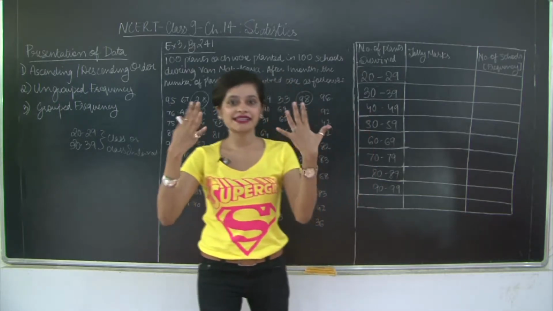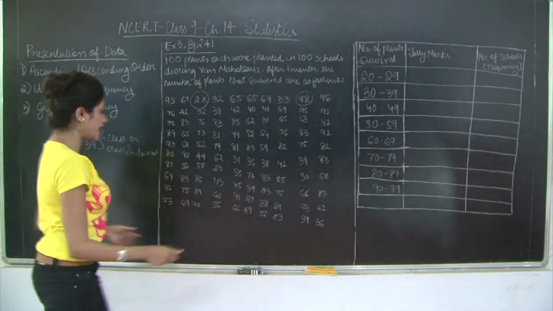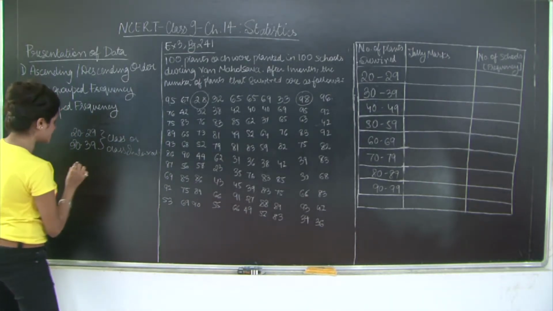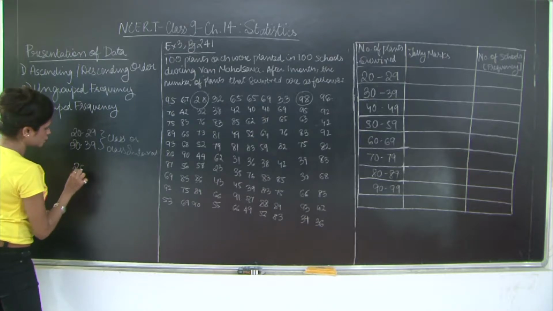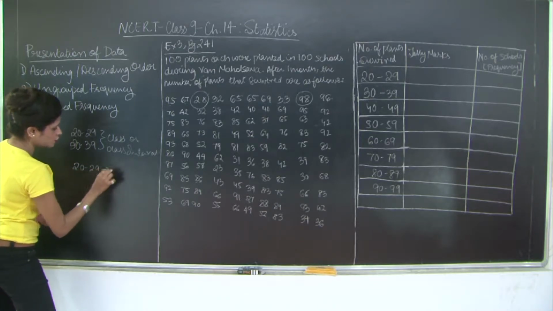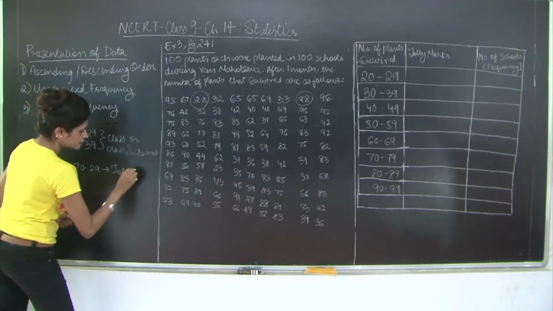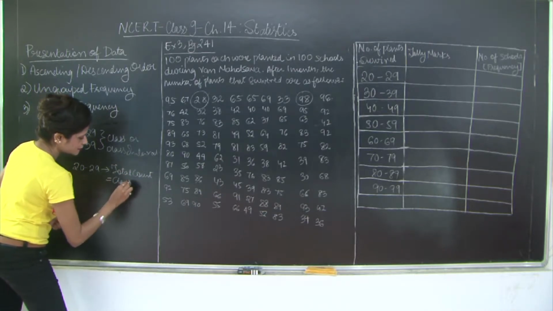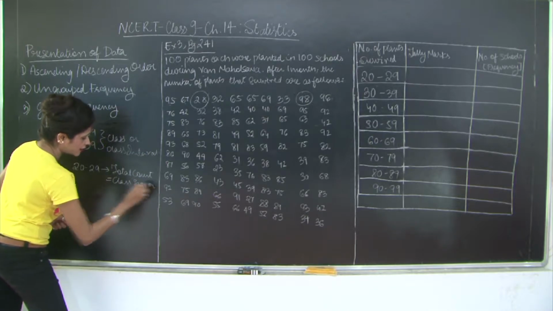How many numbers? 10. So this is known as the class size, the class width or size. So the total count from 20 to 29 is the class size or class width.